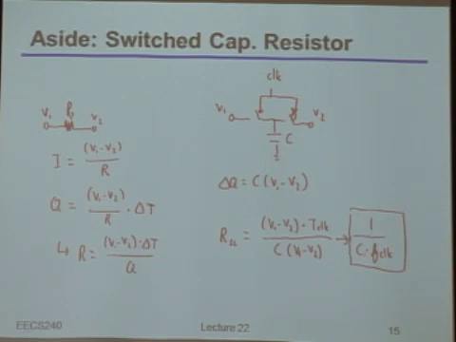Now, why did I bother doing this? As I said a second ago, I wanted to use this kind of circuit to generate a low-pass filter that would, A, be compact, and B, have a very precisely controlled time constant. The way I'm going to do that is take this same switch cap resistor and use it as the resistor inside of my RC low-pass filter.